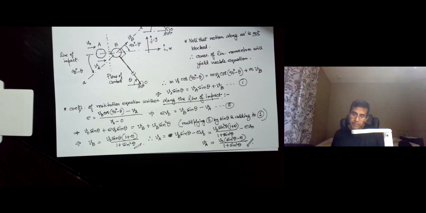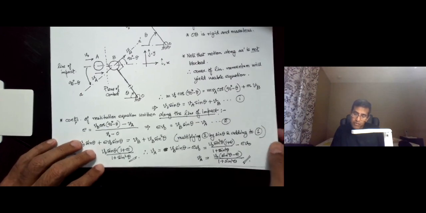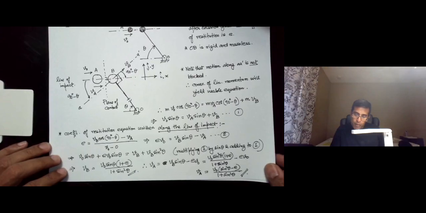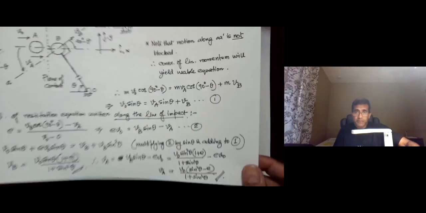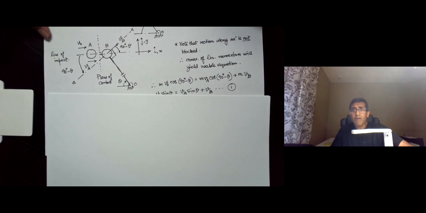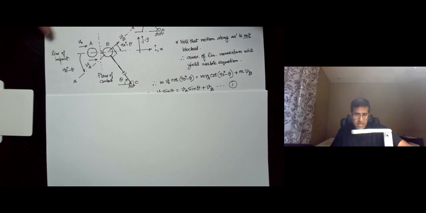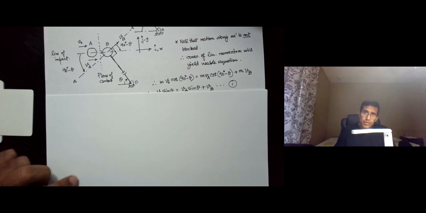Now let us look into this a little bit more from the perspective of the impulses that are produced at the time of collision. That's going to give us a little more insight into the inner workings of the different forces and hence the type of velocities produced due to the collision.